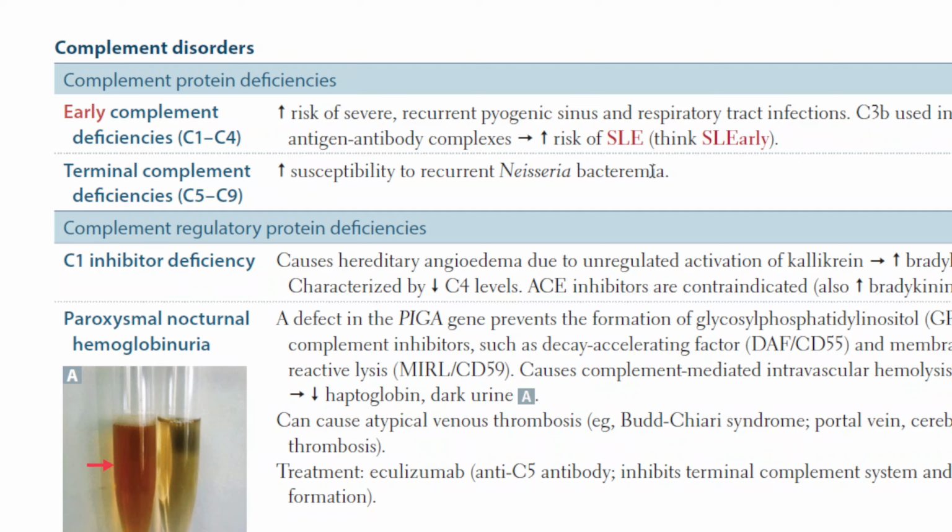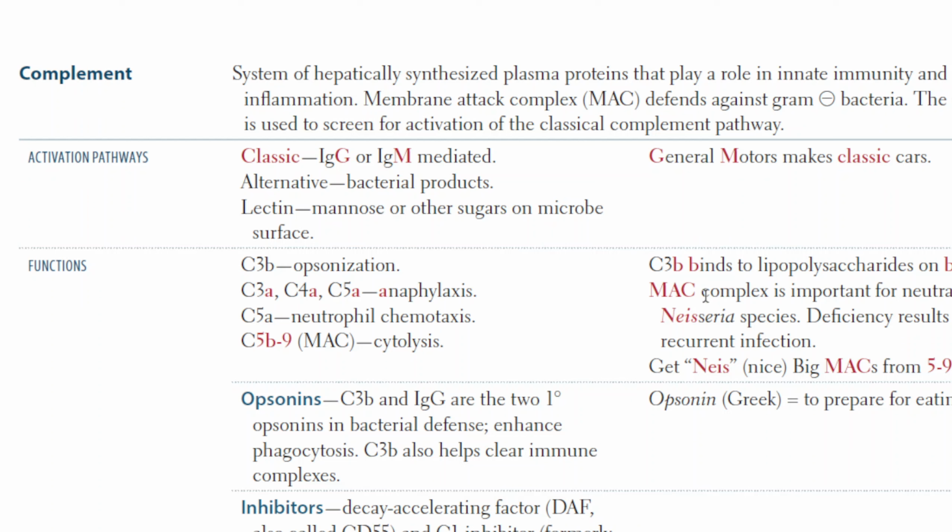We saw this before here. The MAC, membrane attack complex, is associated with C5 to C9. So these are the later complements, and are associated with Neisseria species infection.